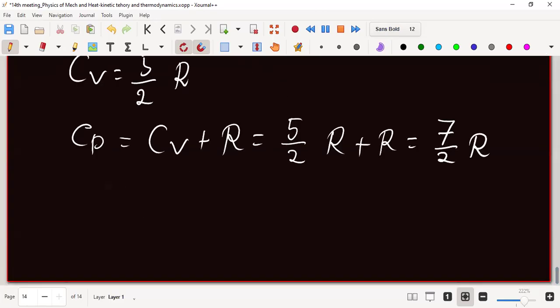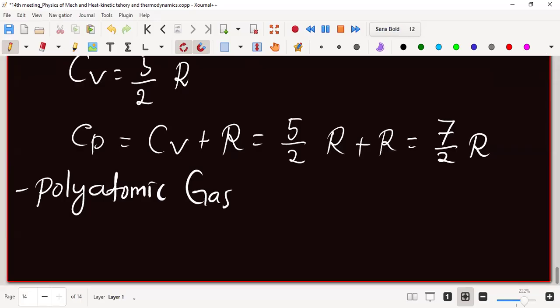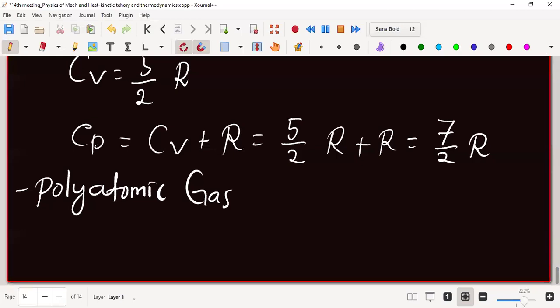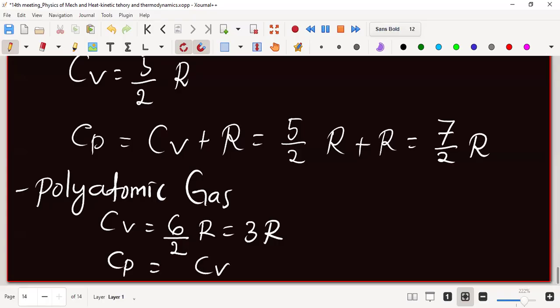And for polyatomic gas, this is the third type, and this one is the second type. The Cv is 6 divided by 2 R, or here is 3R. And then the Cp is Cv plus R, 3R plus R, so the total is 4R. This one is for polyatomic gas like methane.